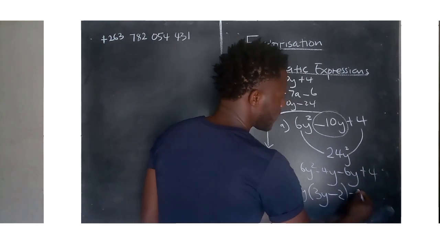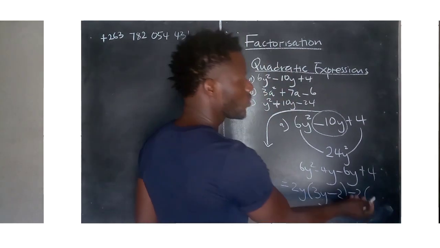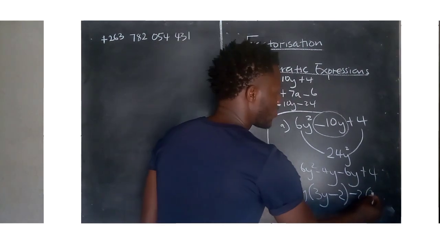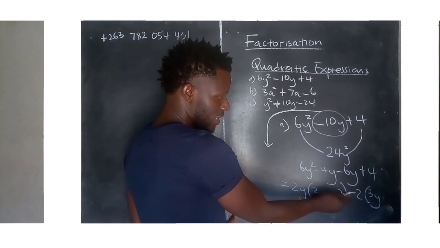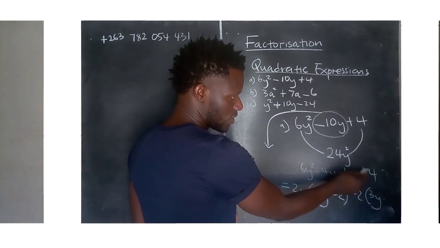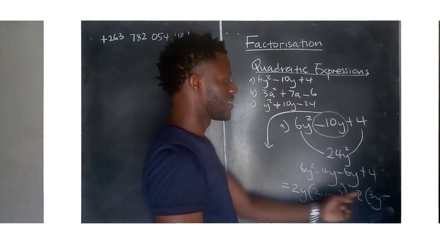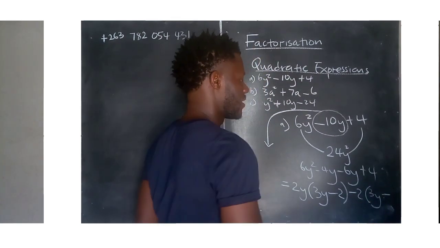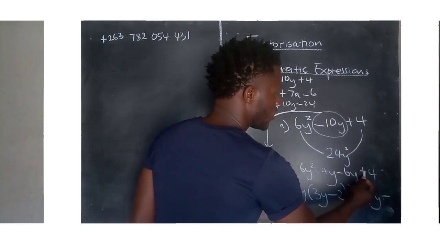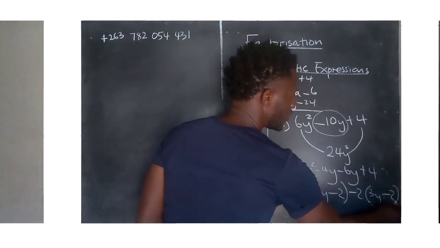Among these two, the common factor is 2. Minus 2 into minus 6y, we get a positive 3y. Minus 2 into plus 4, we get a minus. Remember, the first bracket determines the outcome of the other bracket. Now it's minus 2 into plus 4, we get negative 2.